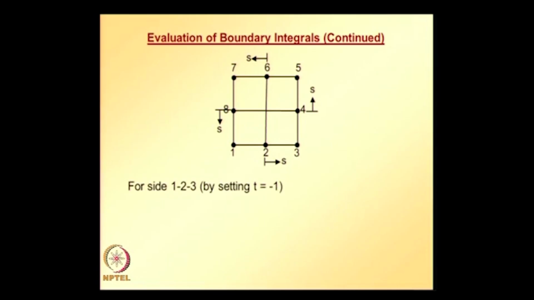So for side 1, 2, 3, we already have shape function expressions for the 8 node serendipity element in the parent element domain.